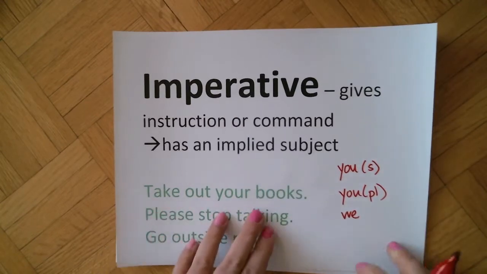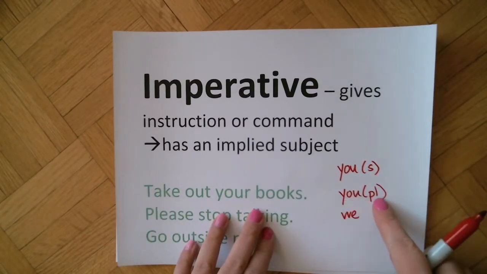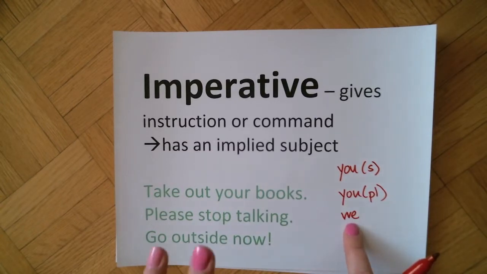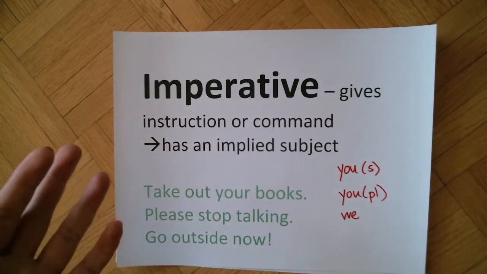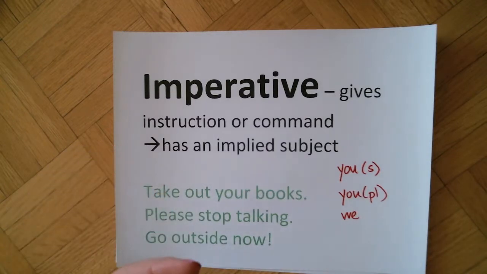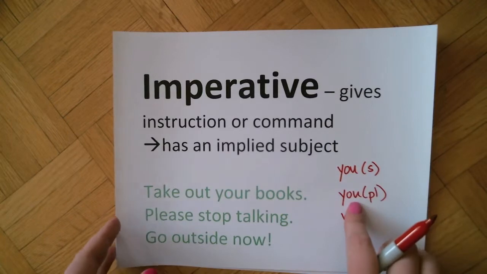So if I say take out your books, that could be talking to you singular or you plural. If I say let's take out our books, that would be a we subject. So only 3 kinds of subjects for imperative sentences. You can't be talking about him or her or they because they don't know you're talking about them unless you're talking to them, which makes it a you.